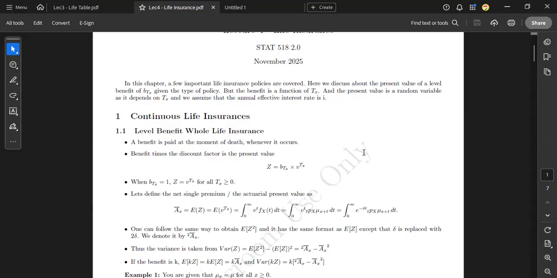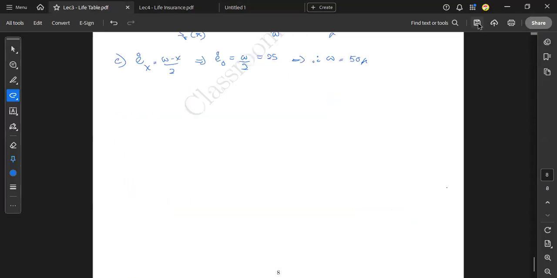So we will use simple B to indicate the amount of benefit.